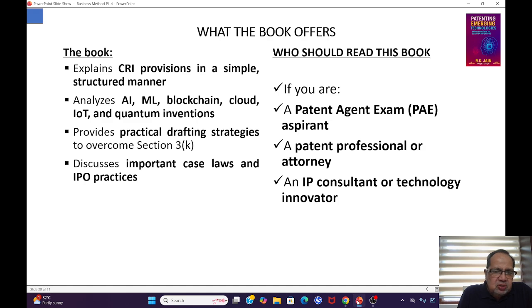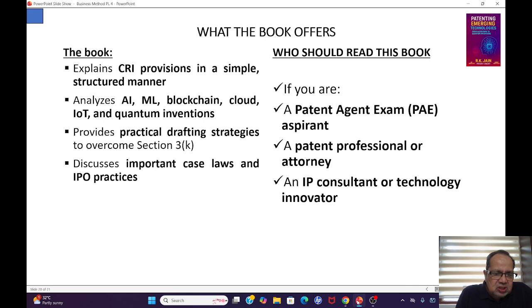The criteria being used to draft strategies for traditional technologies does not hold for these new emerging technologies. So for this, you need to understand the requirement of the patent office and how best to describe these new emerging technologies. Then only would you stand a chance to get a patent or pass the patent agent examination.